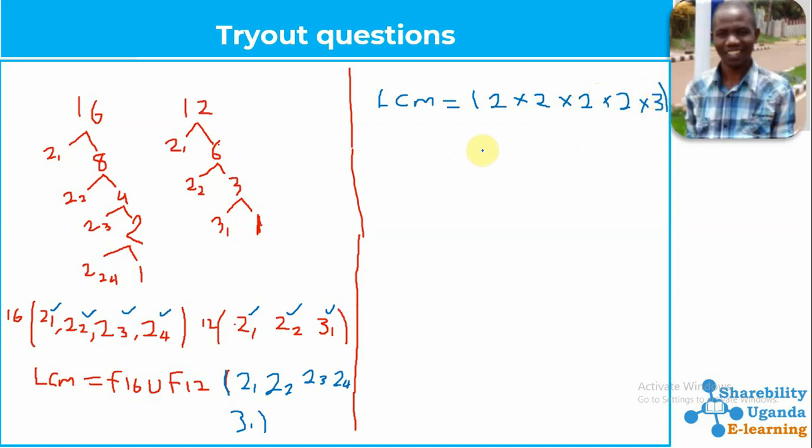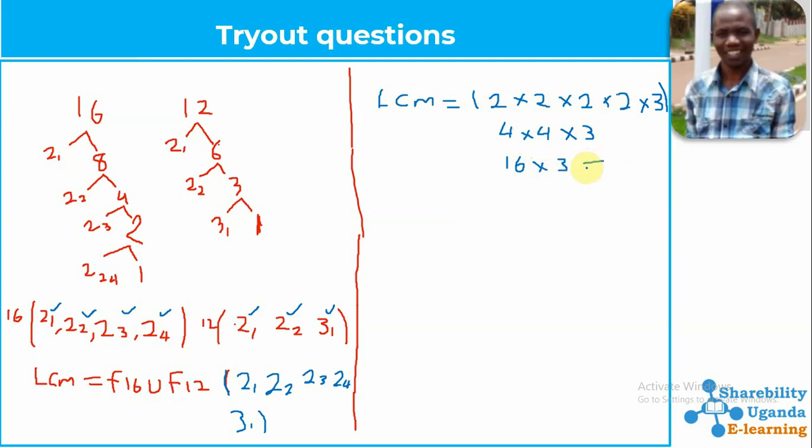So this is going to be our LCM, where this is going to be 4 times 4. This is 2 times 2, we get 4, 2 times 2, we get 4. Then times 3. So 4 times 4 is 16, times 3.